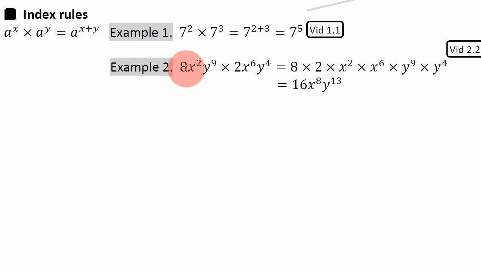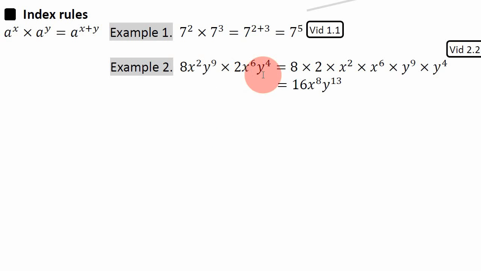Now when you're multiplying things together, and it's just multiplying, you can actually change the order and it will have the same answer. So that's the trick we're allowed to use. So for example, if I had 1 times 2 times 3, that's the same as 3 times 2 times 1, or 2 times 3 times 1. It doesn't matter in which order I multiply those numbers, I will still get the same answer.